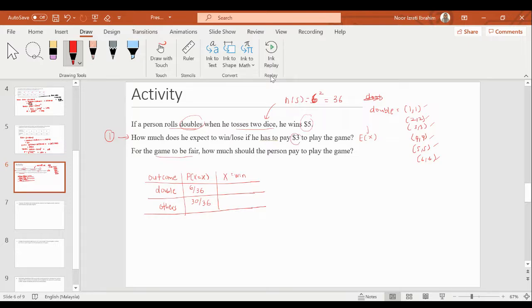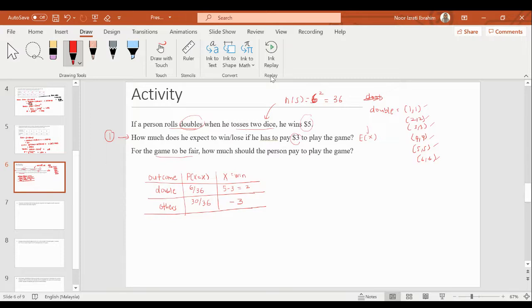So if he gets a double, he will win 5 minus 3 equals $2. If he gets others, he will not win anything, so he just needs to pay for the game, which is -3. It means he loses $3.